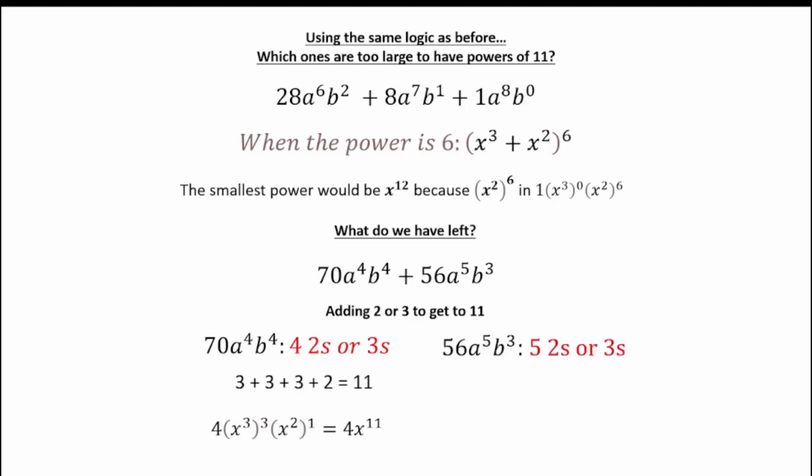Meanwhile, does 56 a to the 5 have a power of 11 using 5 2's or 3's to get there? Yes, it does. When we have 4 2's and 1 3, making 8 plus 3, this is equal to 11. So on the next row of Pascal's triangle, we have the coefficient of 5, and we have x cubed to the power of 1 and x squared to the 4, and this is equal to 5x to the 11.